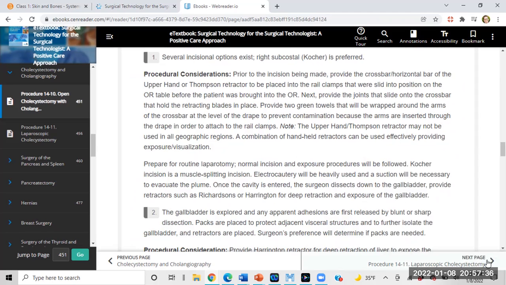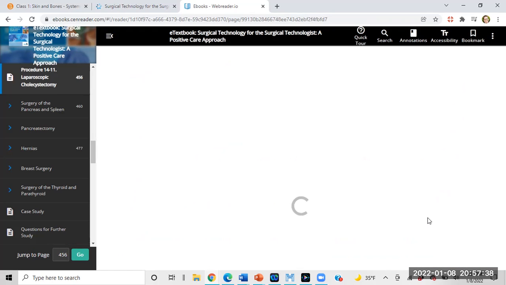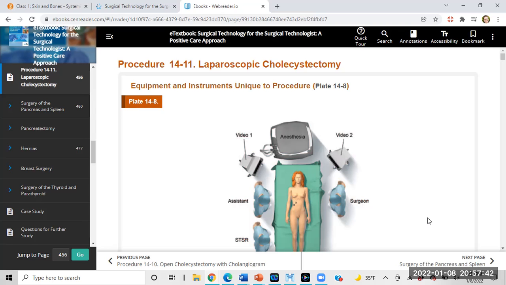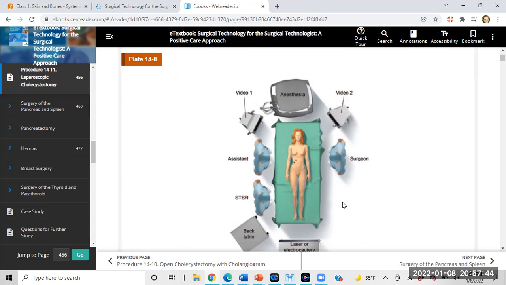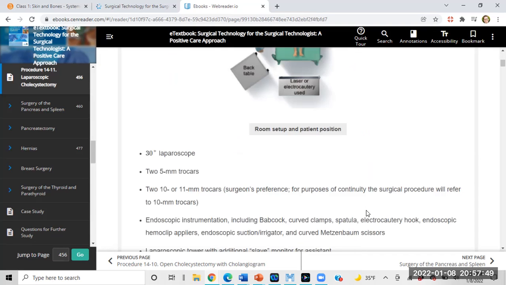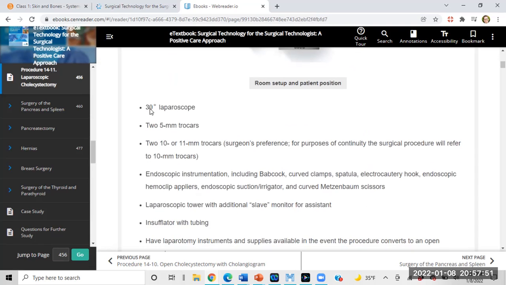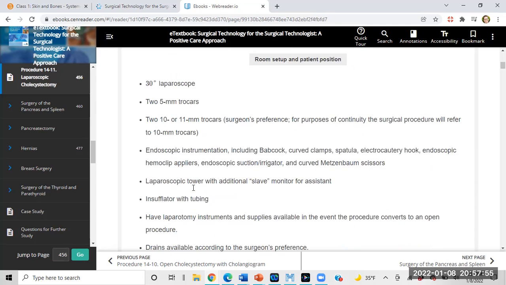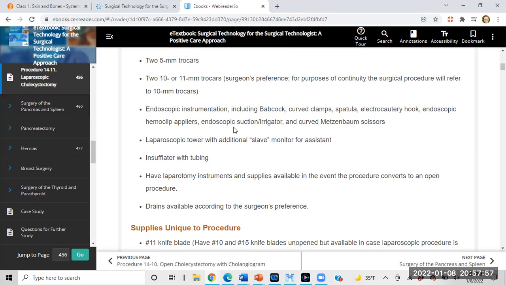And then here we have a cholecystectomy. So now we've even seen the room set up, how that is set up, as well as how the laparoscope's going to be set up, how many trocars, what sizes, endoscopic instruments, and all that's included with that.